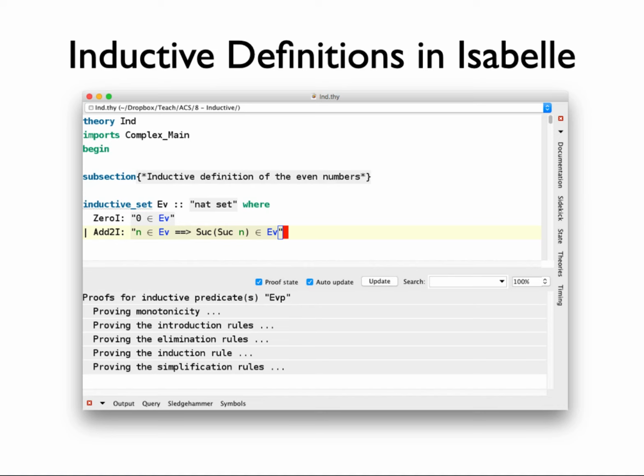One of them says 0 belongs to the set EV, and the other says if n is in EV, then so is the successor of the successor of n, which is of course n plus 2. And then it prints a bunch of stuff underneath in the output window. They're actually debugging messages for me, and we should have got rid of them long ago, but anyway.